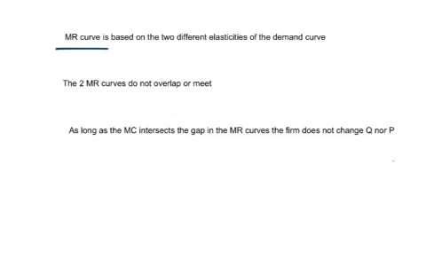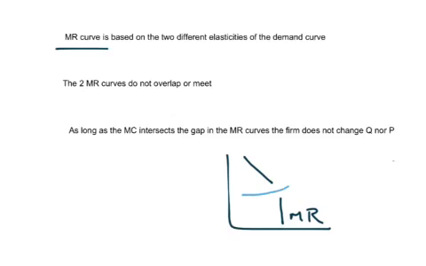So the last point we will see is that as long as the marginal cost curve is intersecting the gap in the marginal revenue curve, the firm does not change quantity or price. So again, what we mean here is that if the marginal revenue curve is shown like this and the marginal cost curve intersects anywhere in that gap, like we're seeing here, it could be intersecting here, it could be intersecting here, the quantity stays fairly constant.